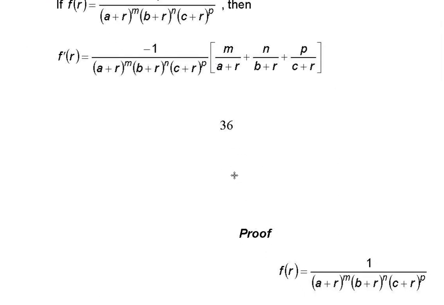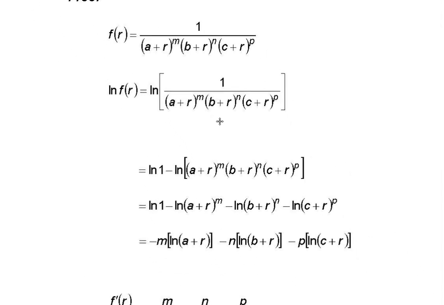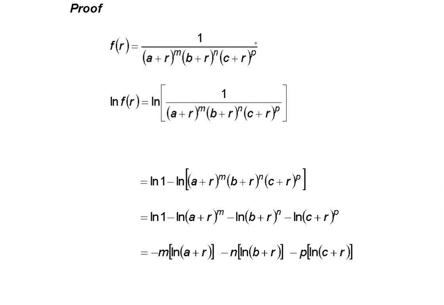This is the proof here. Again, let's say we have this, and we want to find f prime r, which means we have to differentiate. But before that, to differentiate, we have to put log on both sides first. Put log here, and we get this.